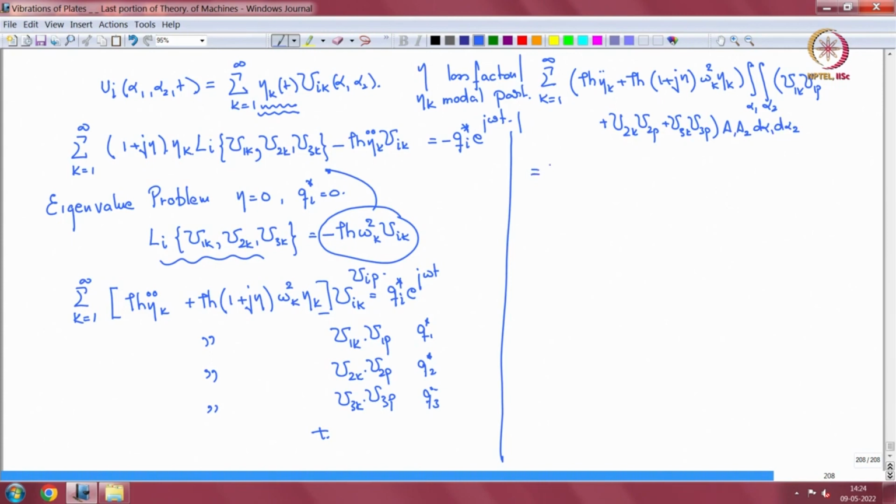that is equal to, on the right hand side, the integral over alpha 1 alpha 2 of q1 star u1p plus q2 star u2p plus q3 star u3p, A1 A2 d alpha 1 d alpha 2.